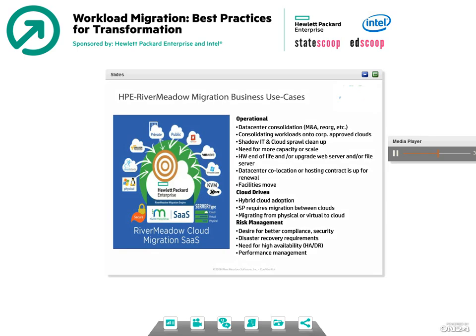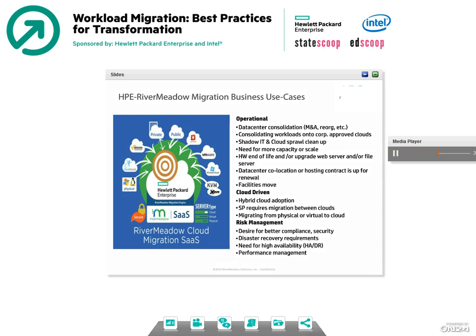Use cases from a business point of view are really varied. We see a lot of data center consolidation and data center exit projects, where customers are consolidating data rooms and data halls, or just machines running in strange places, into core compute.